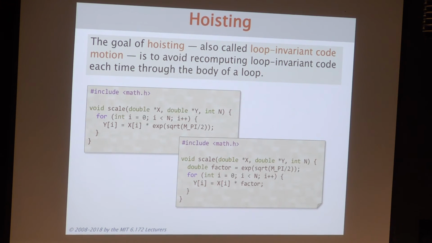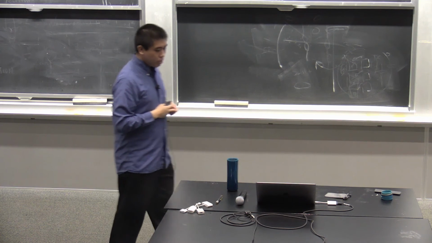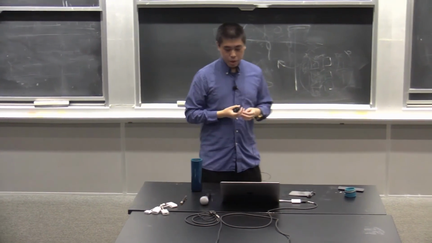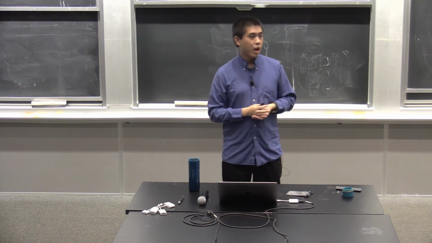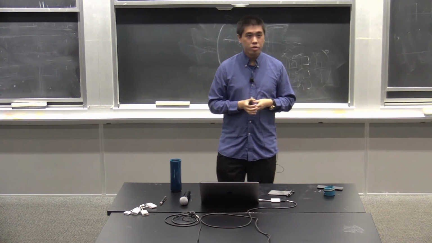For this example, the compiler can probably figure it out and do this hoisting for you. But in some cases, the compiler might not be able to figure it out, especially if these functions might change throughout the program. So it's a good idea to know what this optimization is so you can apply it in your code when the compiler doesn't do it for you.